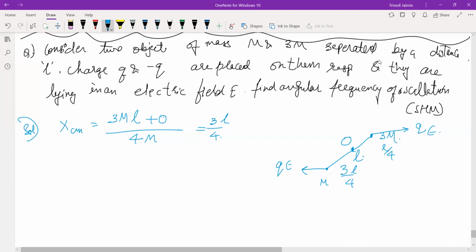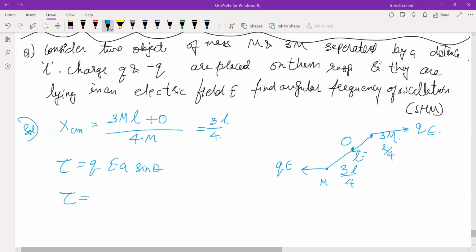It will not rotate, it will not move. So no torque here. We can say tau equals QE A sine theta.